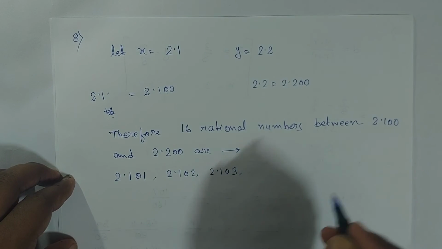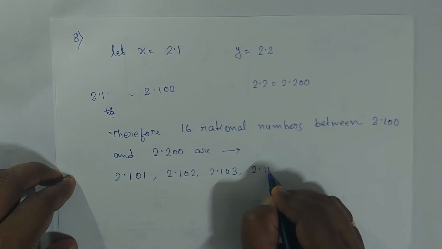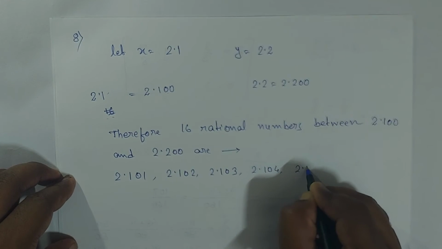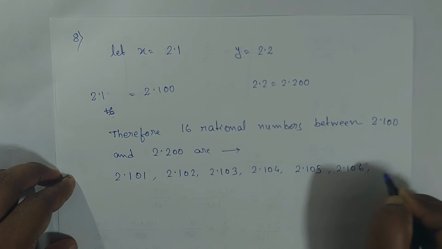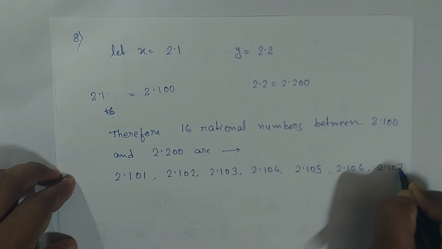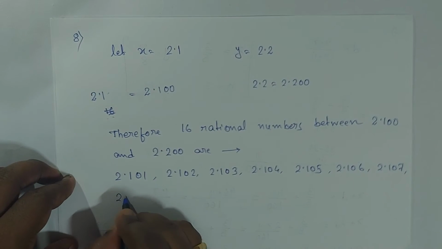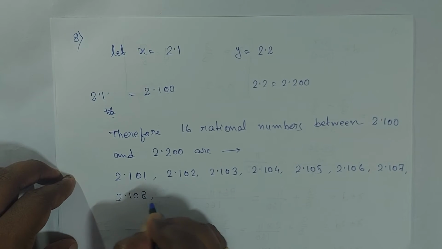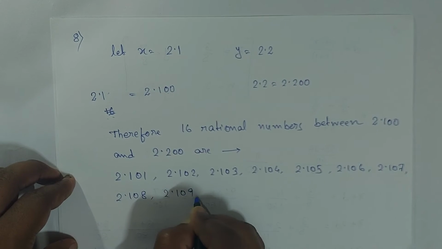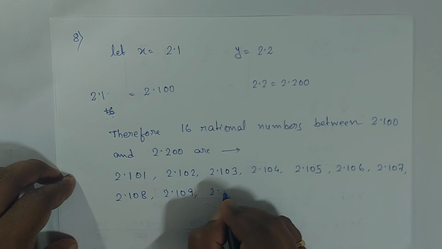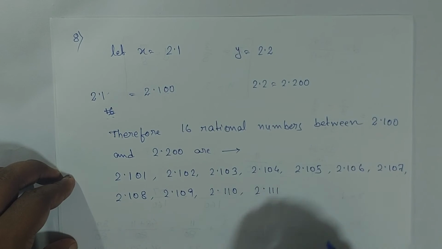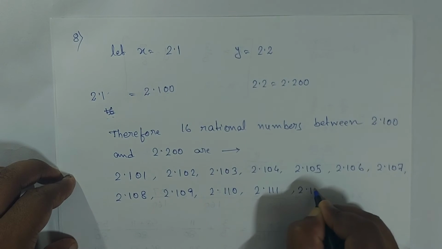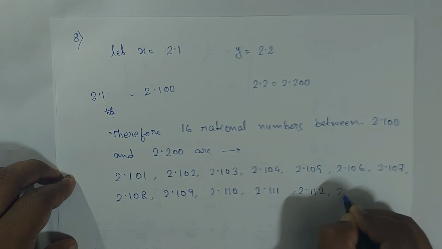In this way we will write, up to 2.107, 2.111, 2.112.